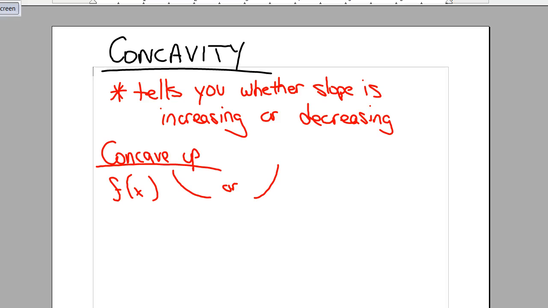So concave up, if I'm looking at the original graph, looks like a U. So concave up starts the U.